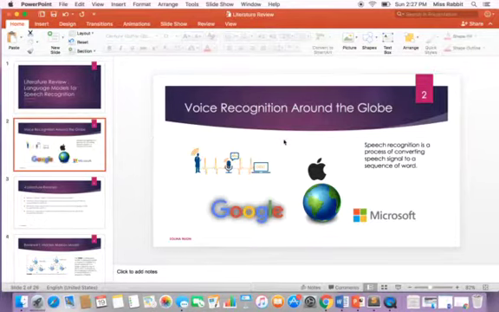Before we start, I would like to provide a simple definition of speech recognition. Speech recognition is a process of converting a speech signal to a sequence of words.